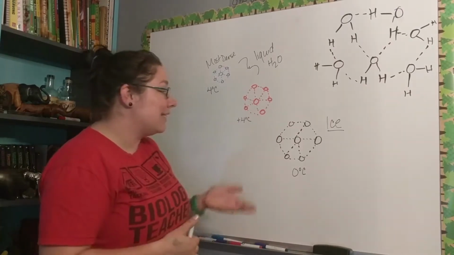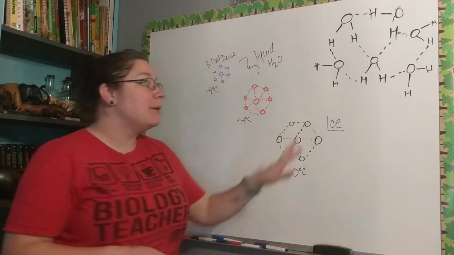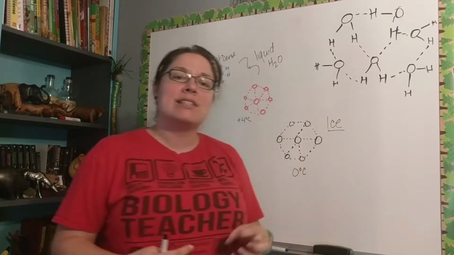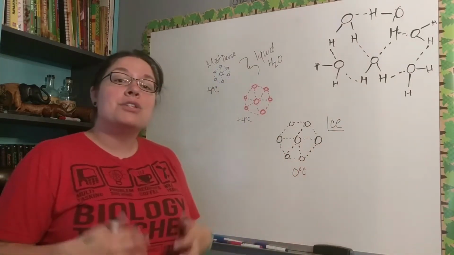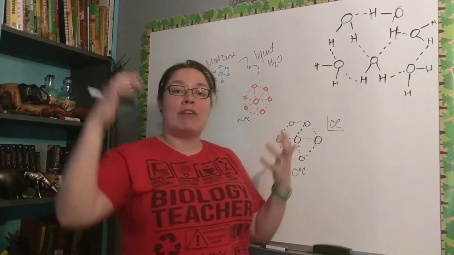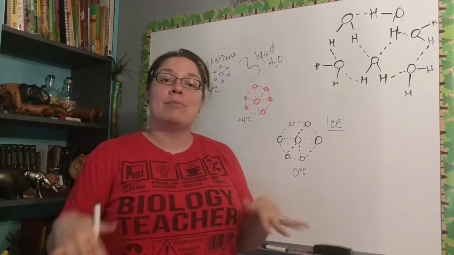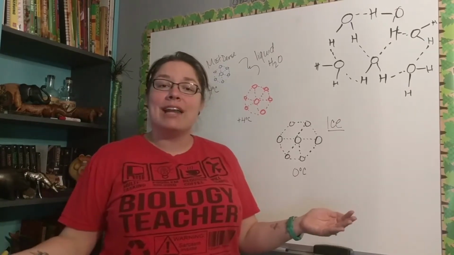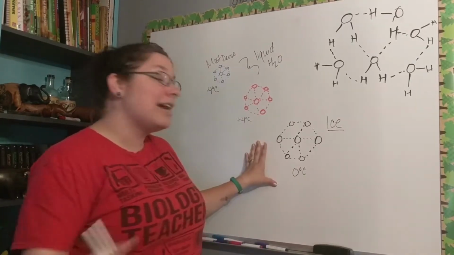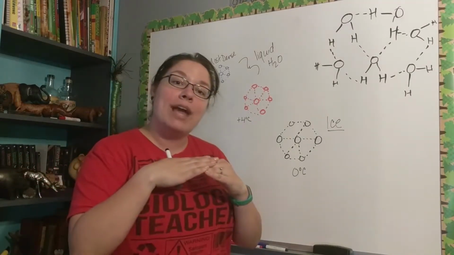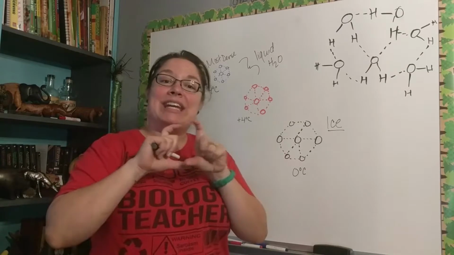Water also has a very high heat capacity. Because of all of these little hydrogen bonds, there's a lot of heat energy stored inside the molecules of water. So as the temperature of air drops, water stays relatively warm compared to the land and the air outside of it. As the top of the surface starts to freeze from making contact with that cold air, you end up getting a barrier.